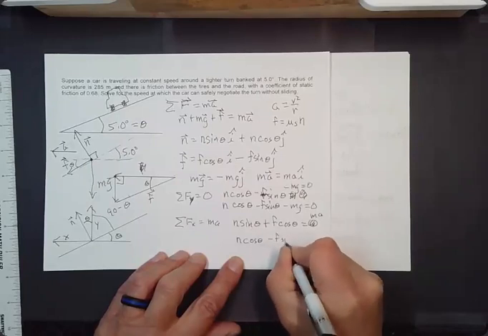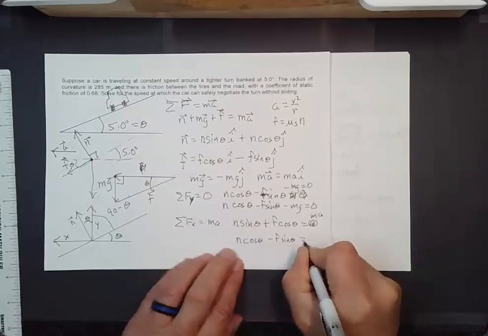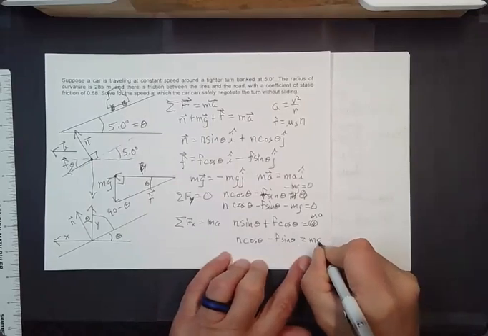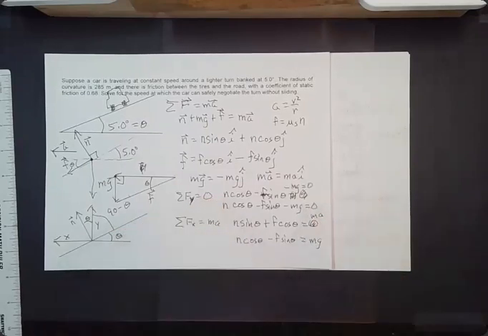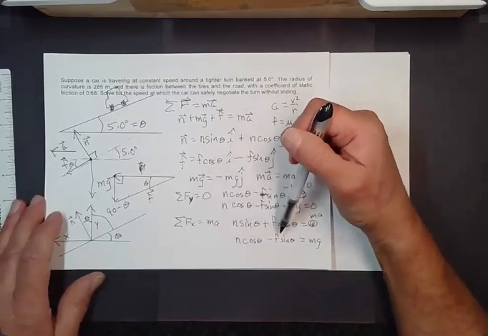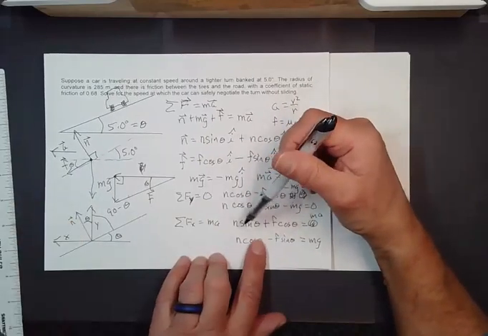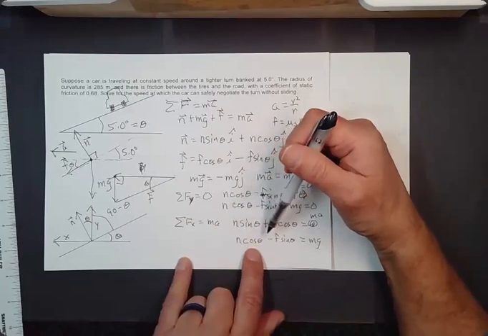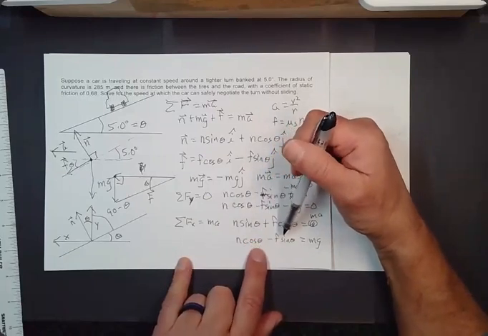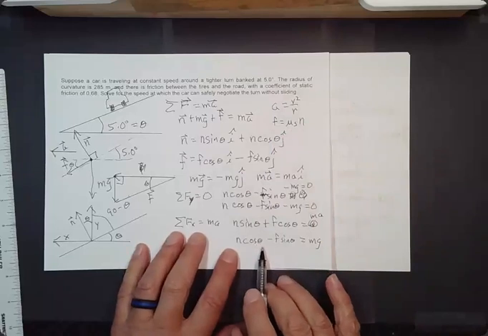Minus F sine theta equals mg. I just took this equation and changed it. I can see something kind of messy to fix this. Foresight or hindsight is 2020. It would have been easier to do this the other way, but let's see.